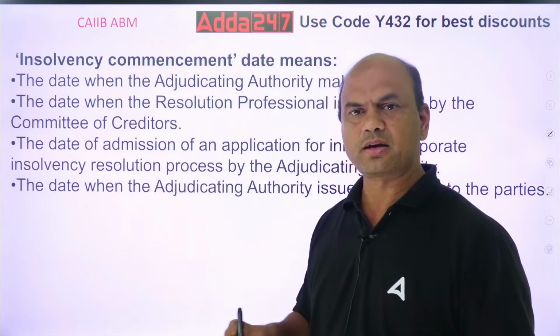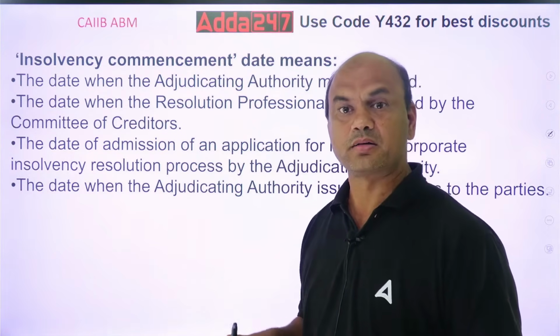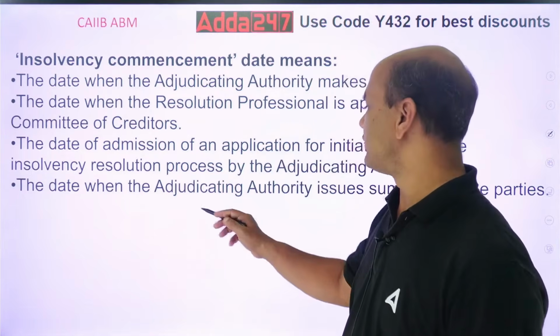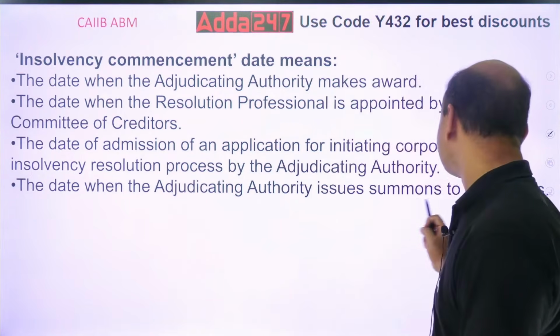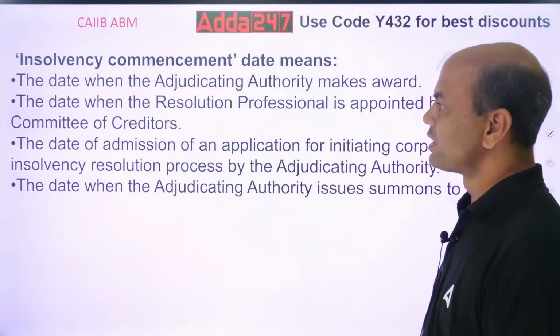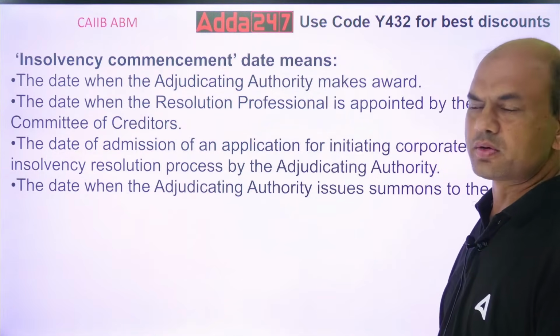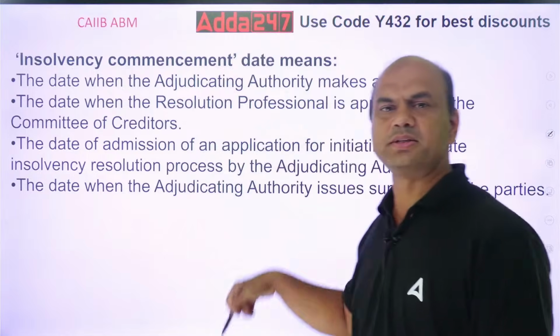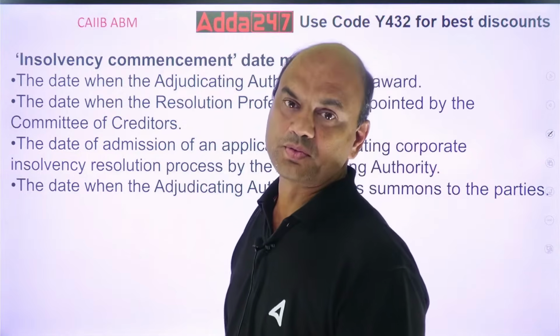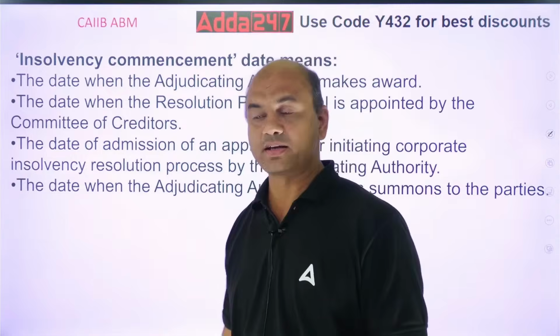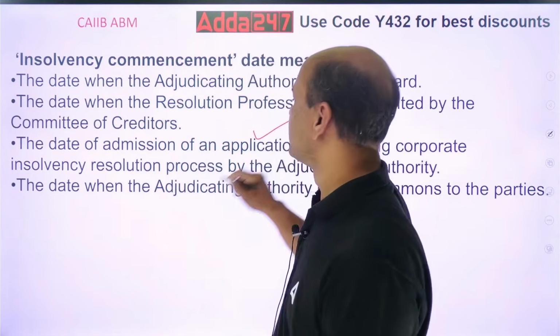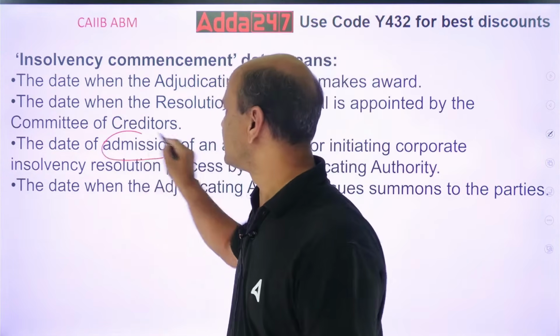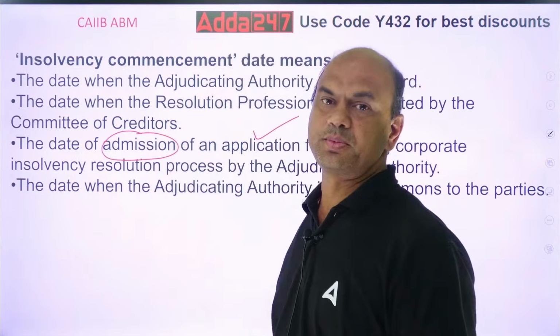They take it, put it in their register, admitted. Fourth, the date when the adjudicating authority issues the summons to the parties. So which one is correct over here? Think over it. Mark this as A, B, C, D. Which one is correct? C is the correct one. The date of admission is known as the insolvency commencement.